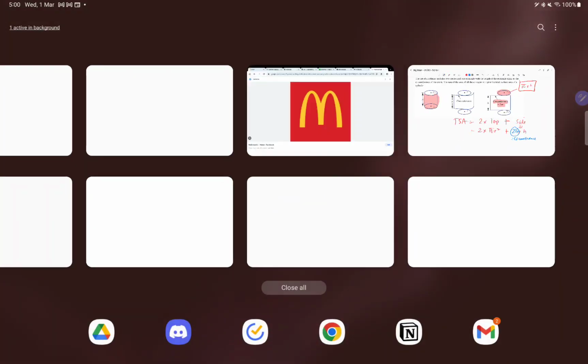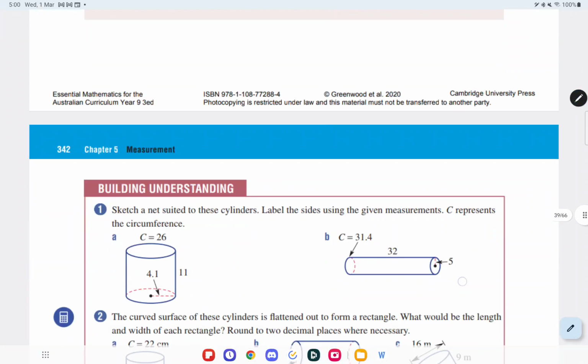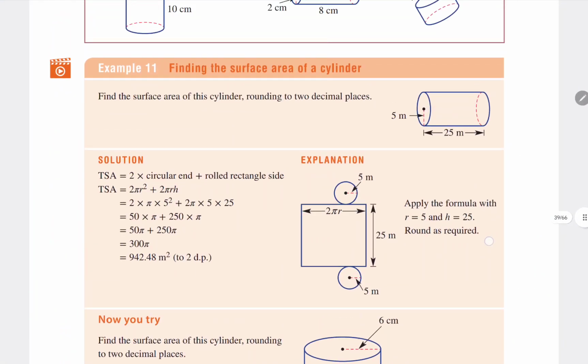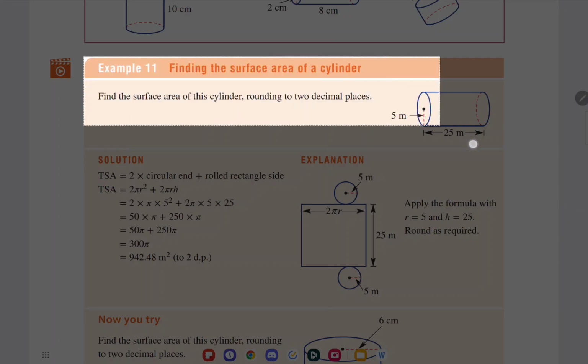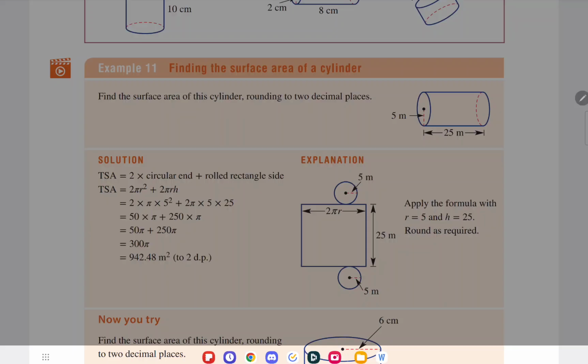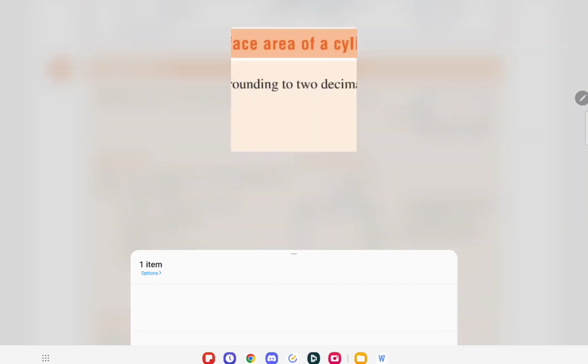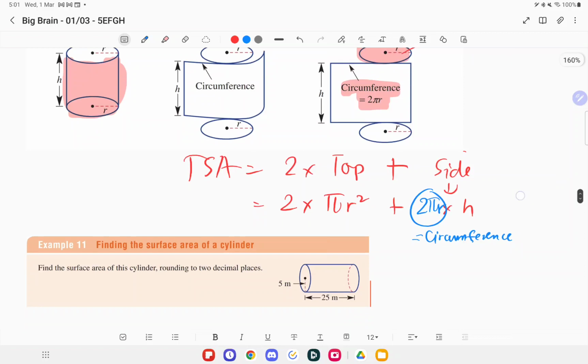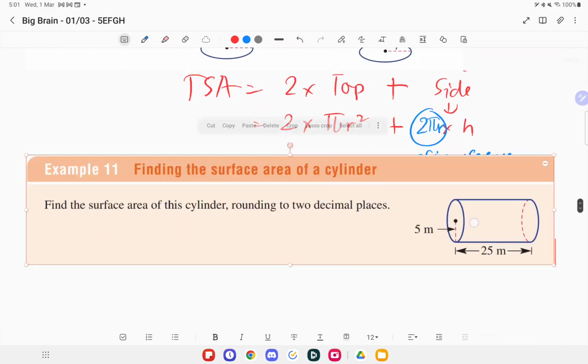Now let's have a look at an example. I think they only have 2 examples. Okay, let's try this one now. The first example is a straightforward one.